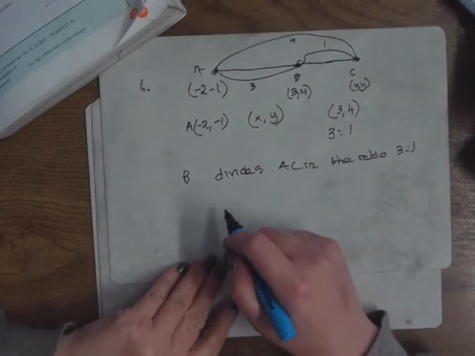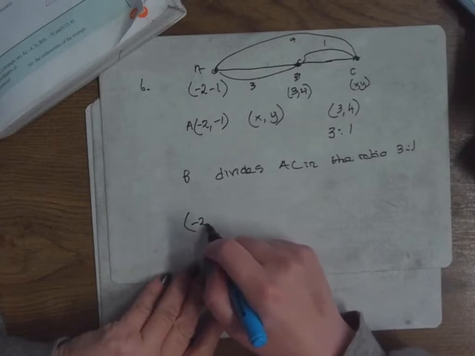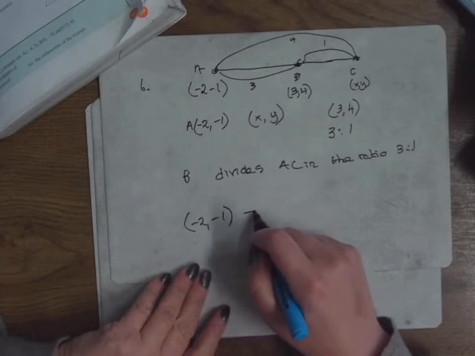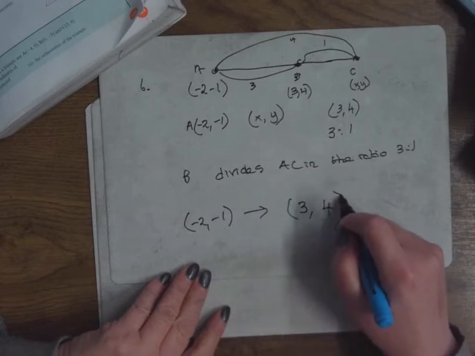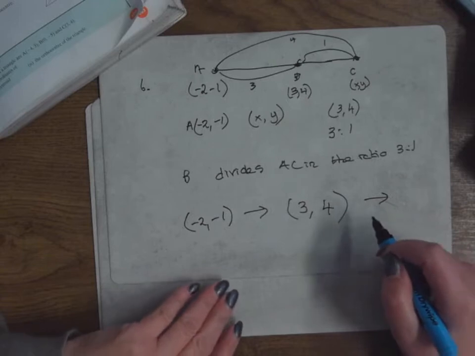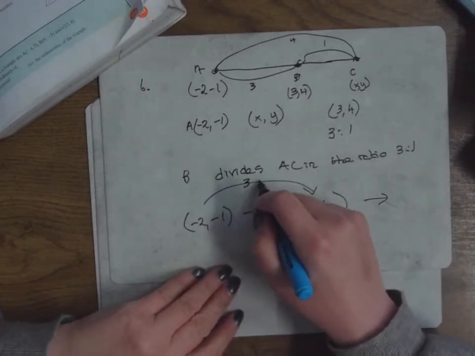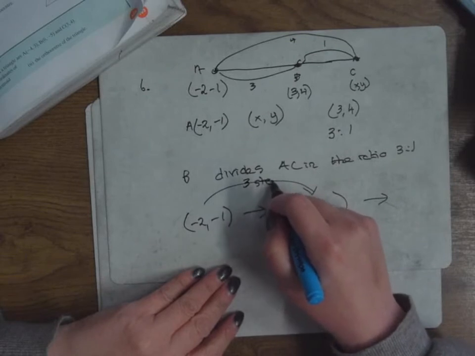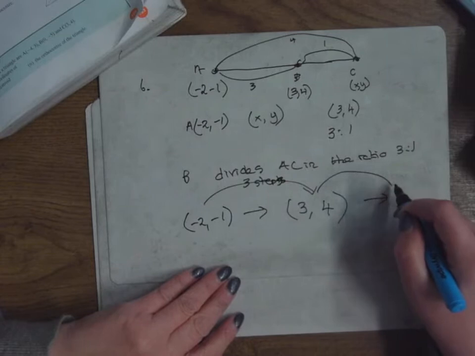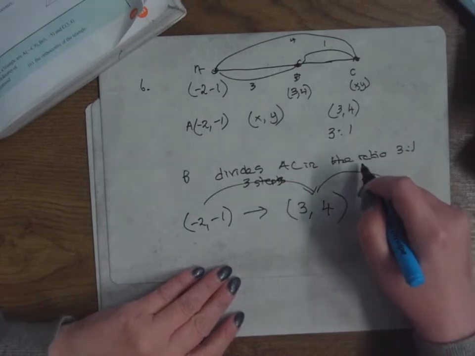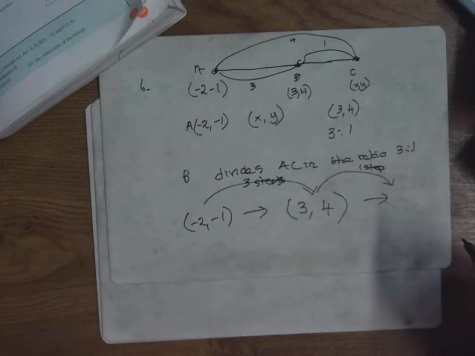So then I went from (-2, -1) to (3, 4), and it goes on again, right? This is 3 steps to here, and it's 1 step to here. Where did I get the 3 steps, 1 step? The ratio 3 is to 1. Are you with me?